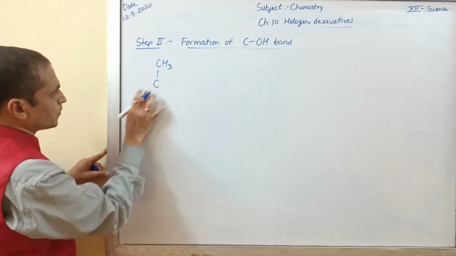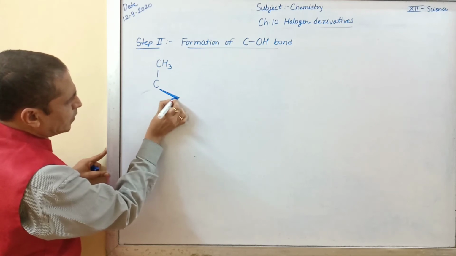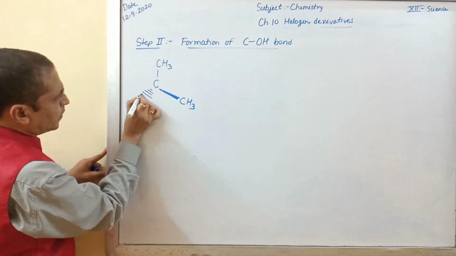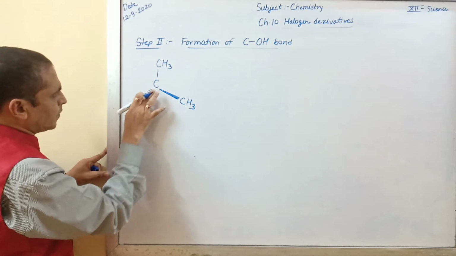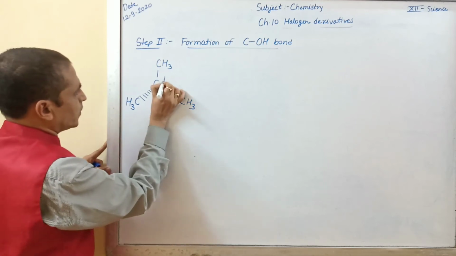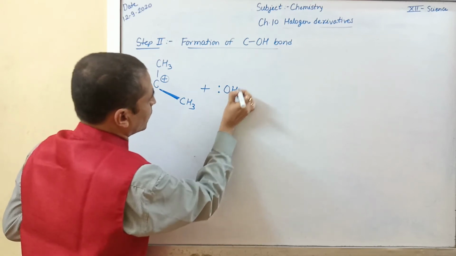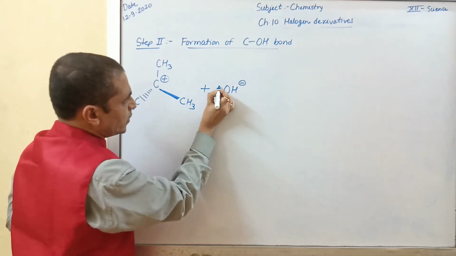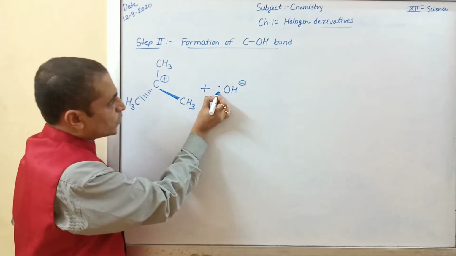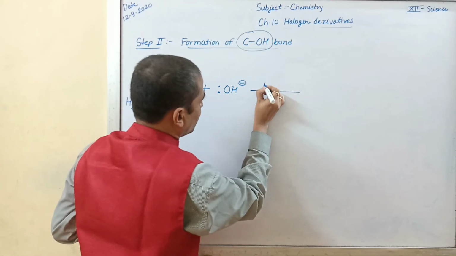(CH3)3C+, having positive charge. Now here OH plays an important role. This OH is a nucleophile. It has 2 electrons, or we can say a pair of electrons. This pair of electrons is responsible for the formation of C-OH bond. This step is fast.